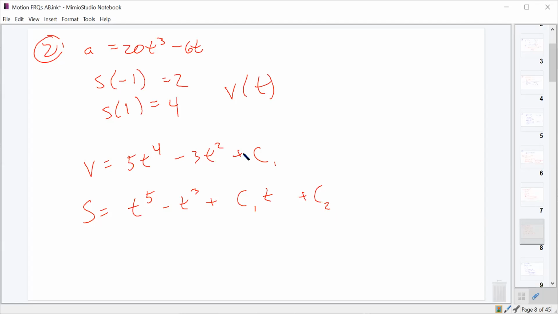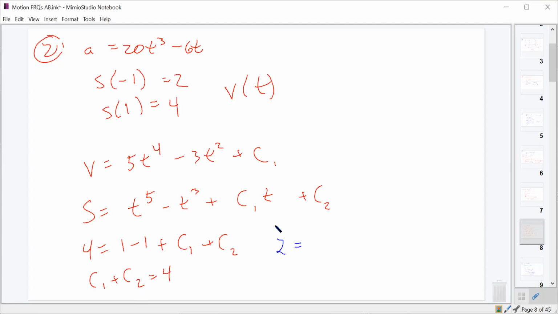So if we plug in 1 to this, we should get 4. So I'm plugging in 1 for t, 1 minus 1 plus C1 plus C2. So we know that constant 1 plus constant 2 equals 4. And if I plug in -1, this should come out to be 2.